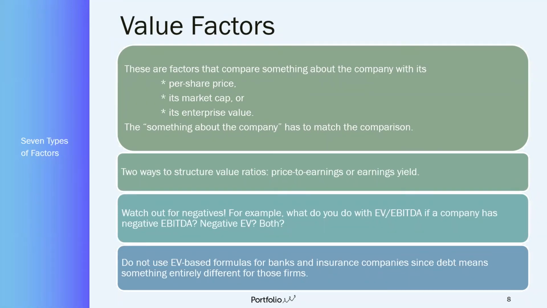So, to convert a negative EV to a small positive EV, you can do that by simply writing the formula as follows. You can do EBITDA divided by the maximum of 2 million and the enterprise value, or 30 million and the enterprise value, so that anything with an enterprise value less than a certain amount is treated the same.